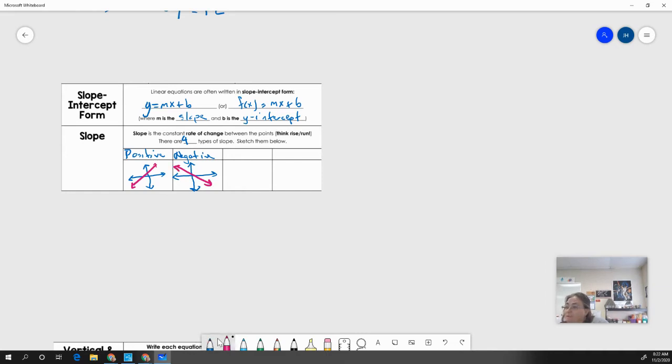Then we have a zero slope. Ooh, terrible graph. A zero slope is a straight line. Let's see if I can draw that straight, right? A straight horizontal line. Notice there's no tilt to it at all, right? It's just straight across, so it doesn't slope.